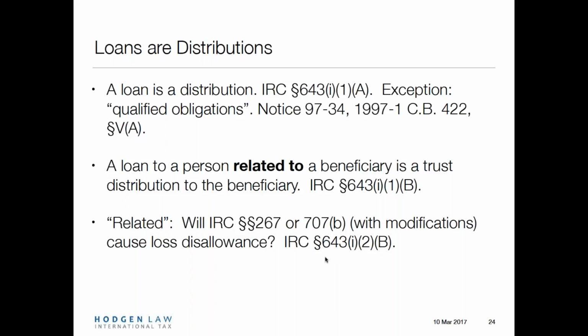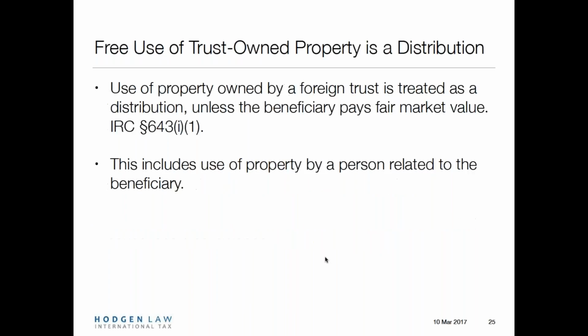The related party rules you're seeing down there at the bottom bullet point, 267 and 707B, with modifications, of course, because why would we just have an untold number of related party rules littered through the Internal Revenue Code where we could just use them willy-nilly without modification? I'm not bitter about that, but unnecessary complexity. I do not judge.